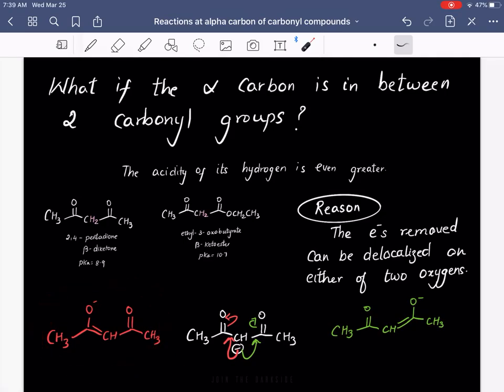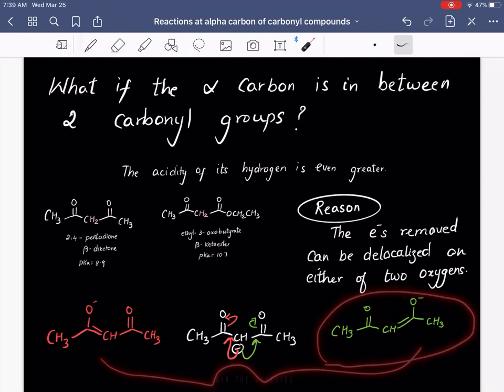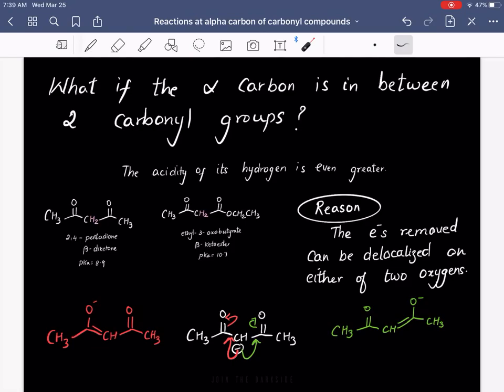And the electrons on the carbon can go on to this side and thrust these electrons onto the oxygen, and it is going to give you another structure. So basically there are three different resonance structures for this compound, because of which the base should be readily stabilized and therefore the acid that it came from should be very acidic.